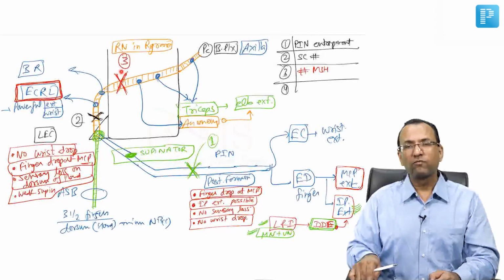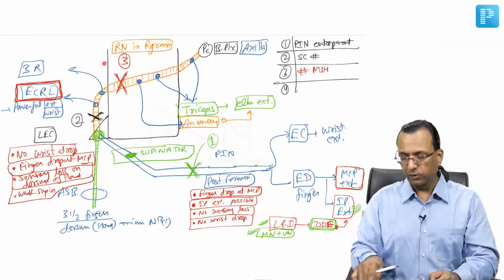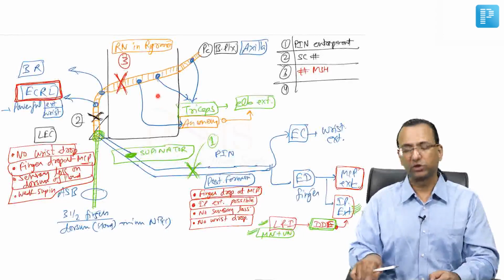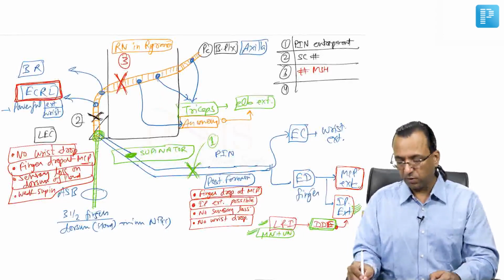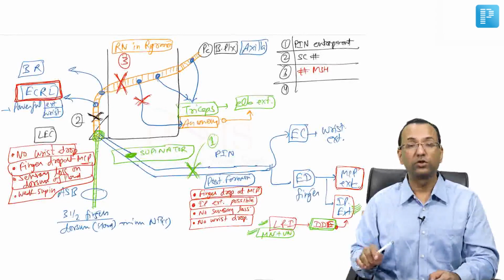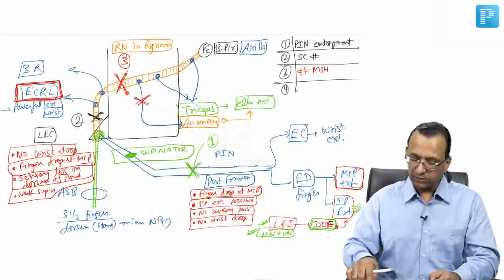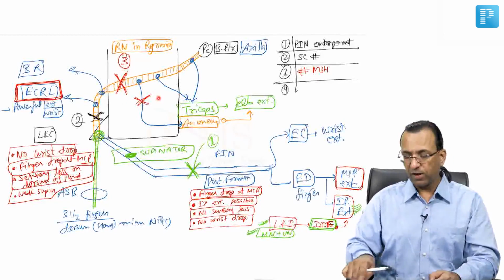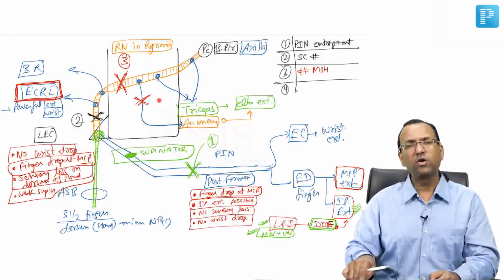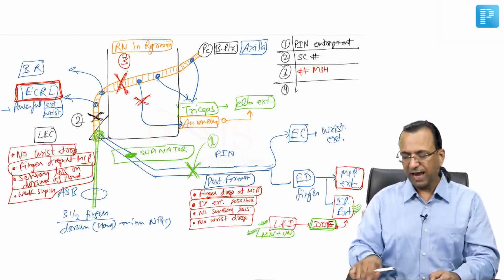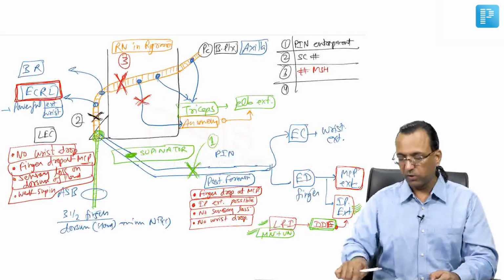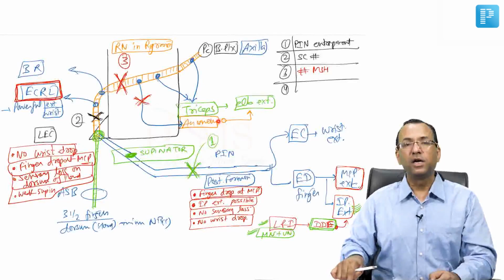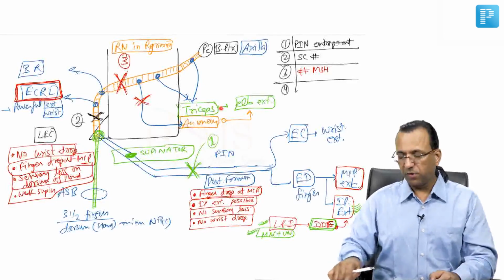Now tell me, will there be injury to the branch to anconeus or not? It depends. Sometimes it is involved, sometimes it may not be. Even if the branch to anconeus is damaged, it does not matter because anconeus is a small muscle and triceps is a large muscle for elbow extension.